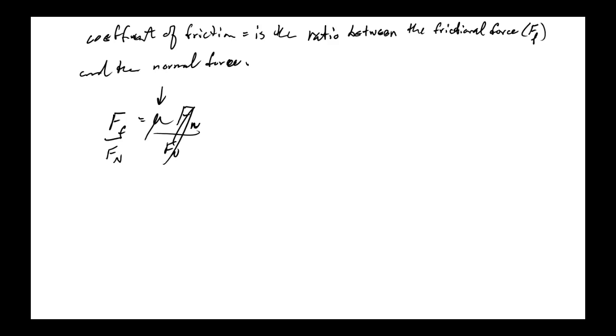Steel on Teflon, 0.04 static, 0.04 kinetic. Another place where they're equal, because guess what? The Teflon, what is Teflon? Does anyone know? You probably have some in your house.